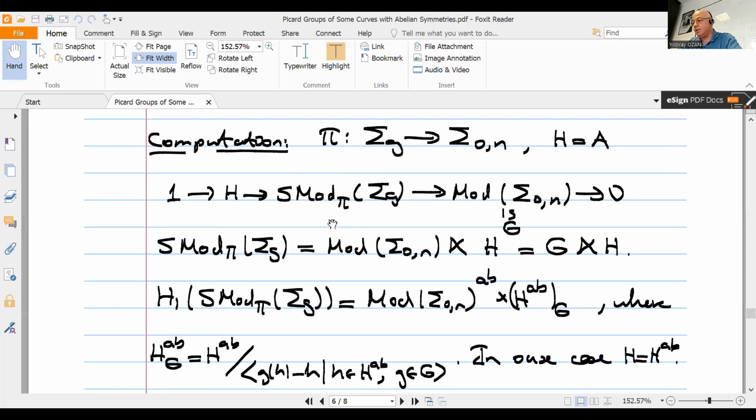The middle one consists of mapping classes of Sigma_g of the covering space, but they are symmetric. So S stands for symmetric. These are the ones which are invariant under the action of the deck transformation group. Of course, since they are symmetric, they descend to the surface below, which is the punctured two-sphere.